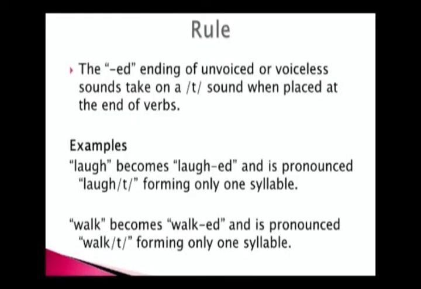Now let us look at the last rule. The ed ending of unvoiced or voiceless sounds takes on a t sound when placed at the end of verbs. Here are some examples. The verb laugh becomes the past tense verb laughed and is pronounced laughed, forming only 1 syllable.